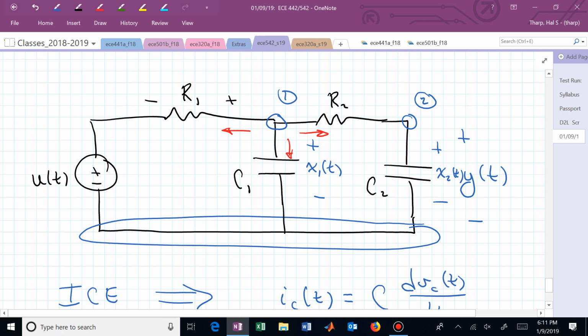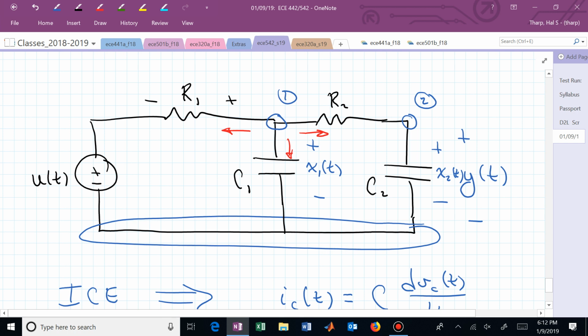Here's a way to sort of check the other peers that you will encounter maybe during your career. If they give you an equation, one thing to do right off the bat is check the units. Oh, they've got a current plus a voltage. How do they do that? If we are writing an equation, all the units have to be consistent.